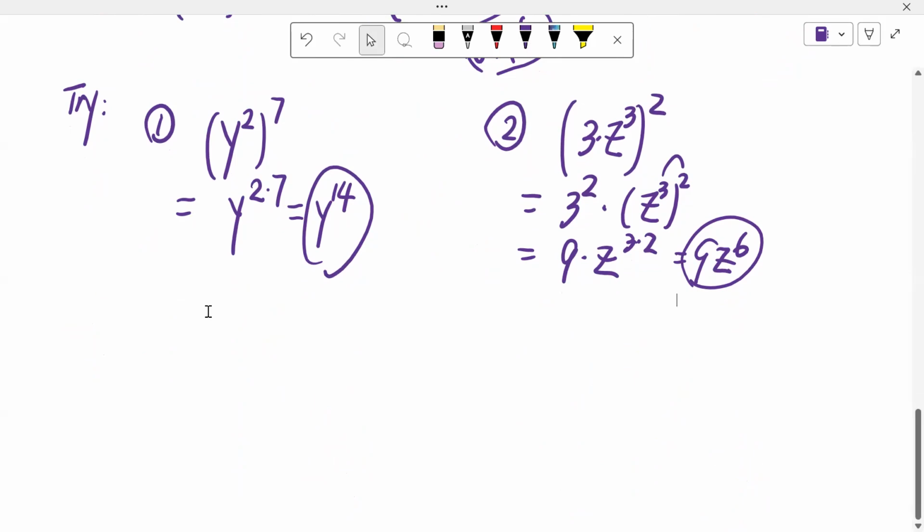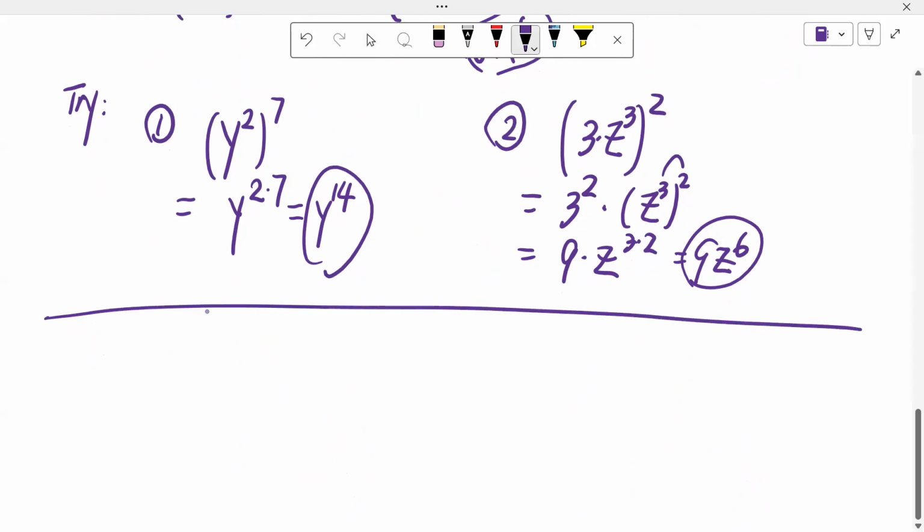Let's look at property number 3. Let's say we had x to the a, y to the b, and all to the c power.